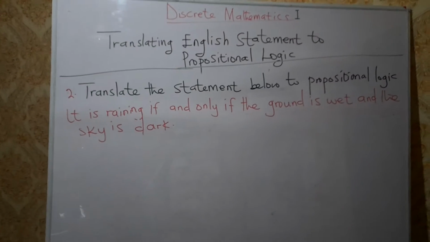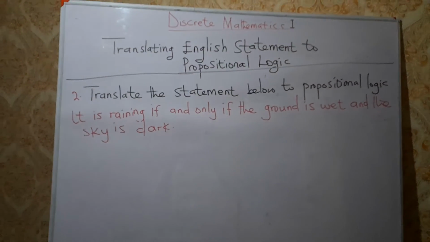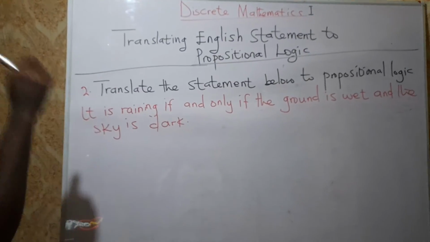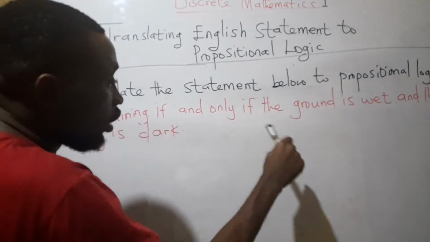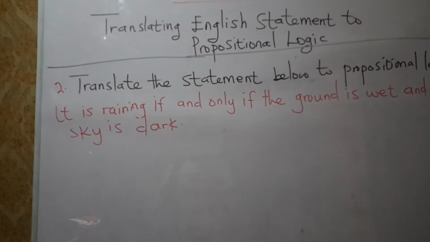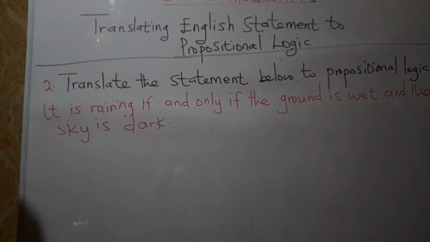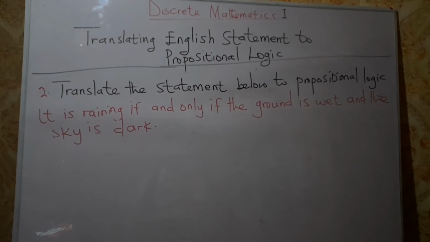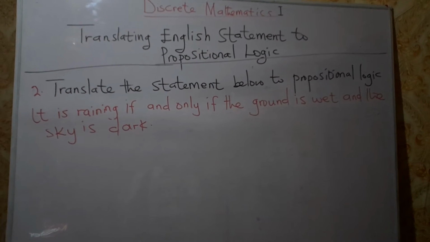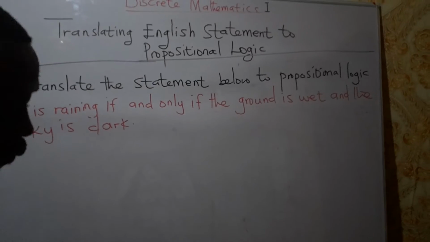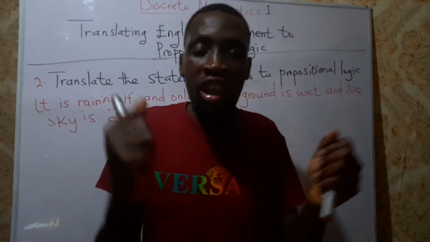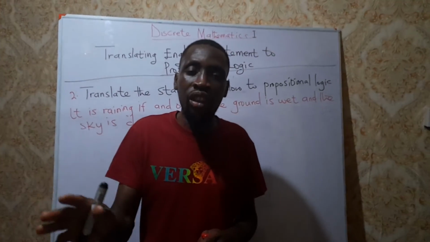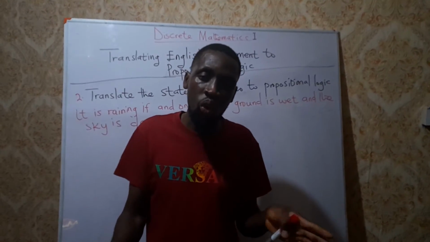So we'll look at our second English statement, which says that it is raining if and only if the ground is wet and the sky is dark. So please, you can pause the video and try translating this English statement to propositional logic. Remember, if you have if and only if, then that becomes a biconditional statement, having a hypothesis and a conclusion.